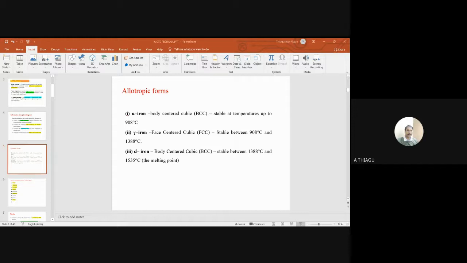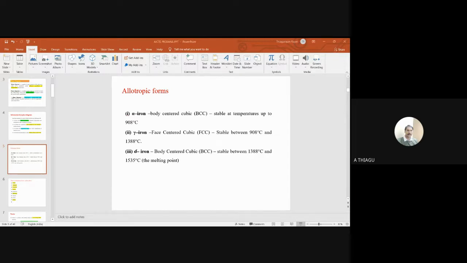So we can use the symbol gamma for the austenite phase. Okay, and from 1400 to 1538, in this region, austenite changes to delta. Can you see the symbol? Delta is also ferrite, because the face centered cubic structure changes to body centered cubic structure. That's why delta also comes under ferrite structure. The stable temperature is 1538.